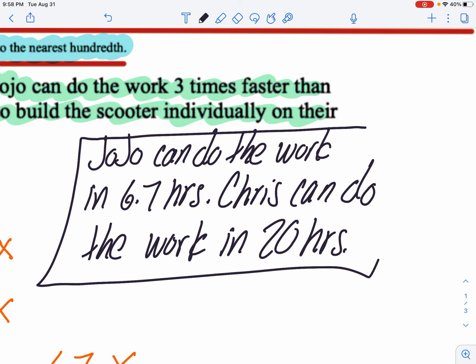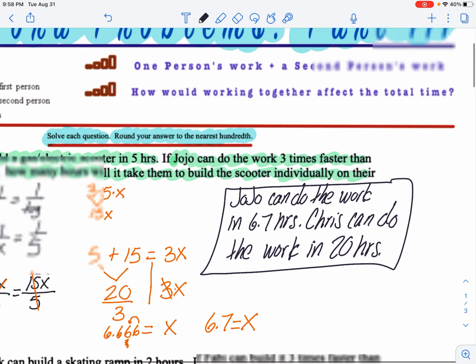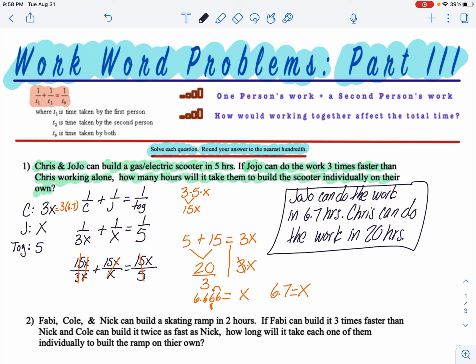And there we go. That's our solution right there. That's what we get, right? A little bit more complex, but nonetheless, still doable, okay? So you're for sure going to have problems just like this one in your worksheet, okay?